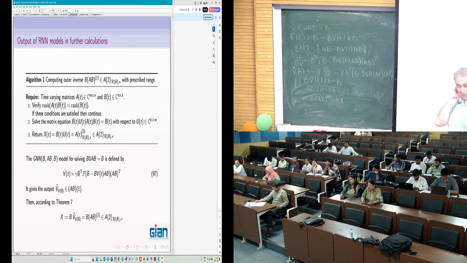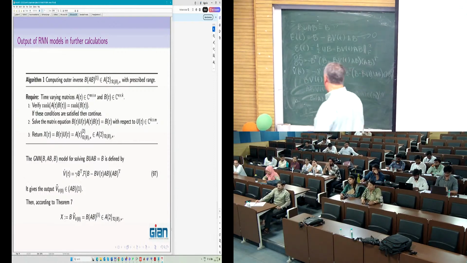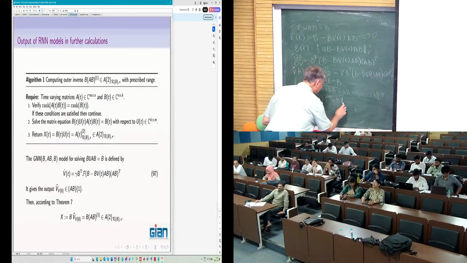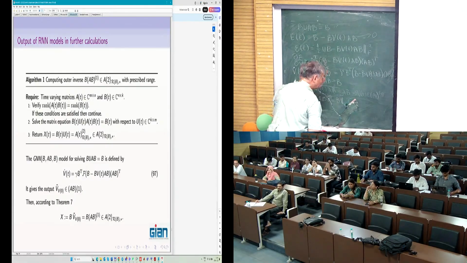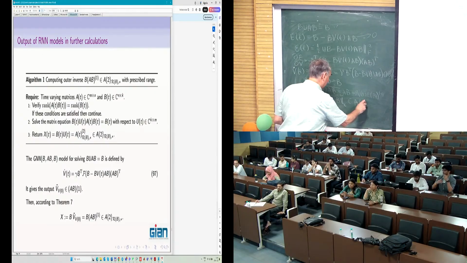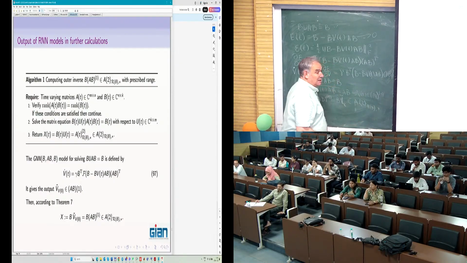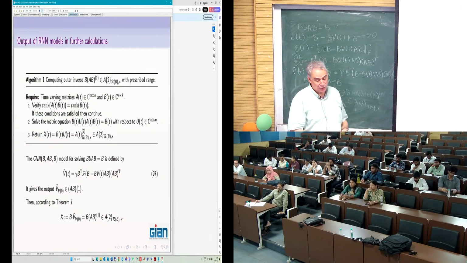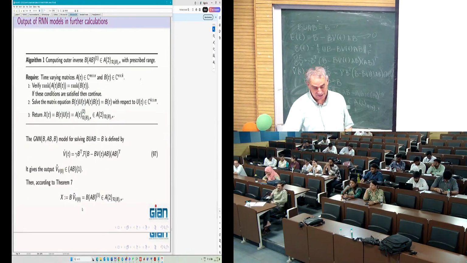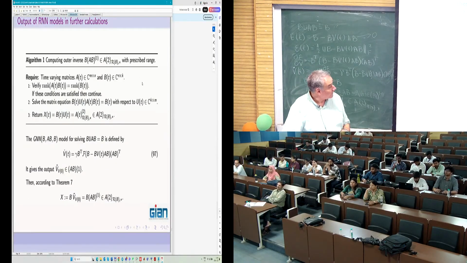V of t is a result obtained from GNN. Sometimes we put here V0. It is from the outer inverses with range R of B, and we don't know about the represented GNN model.